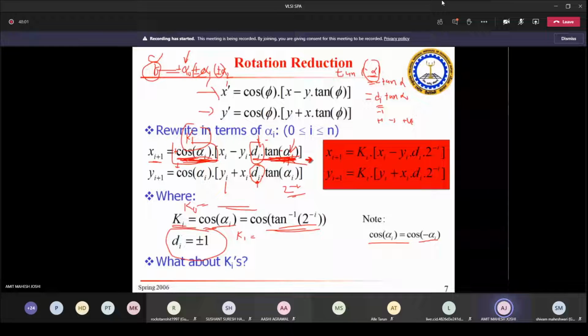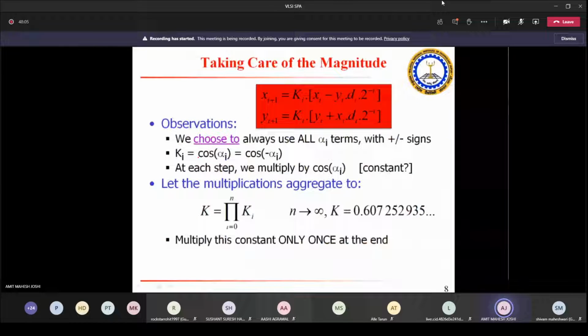Okay. Now what can I do then? I can put one summation value of k i. K0 into K1 into K2, not summation, this is actually a product of all k. So that is K0 into K1 into K2 into K3. And if I put it up to i equal to 9, then that K value comes out like this.